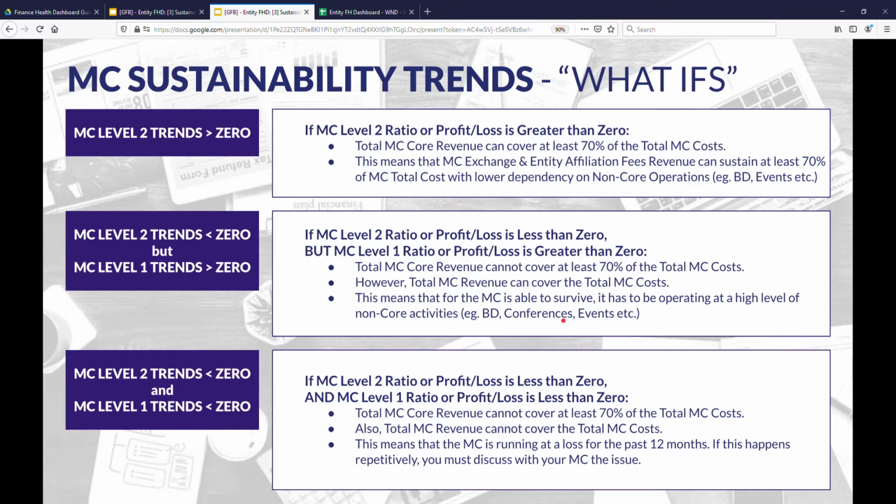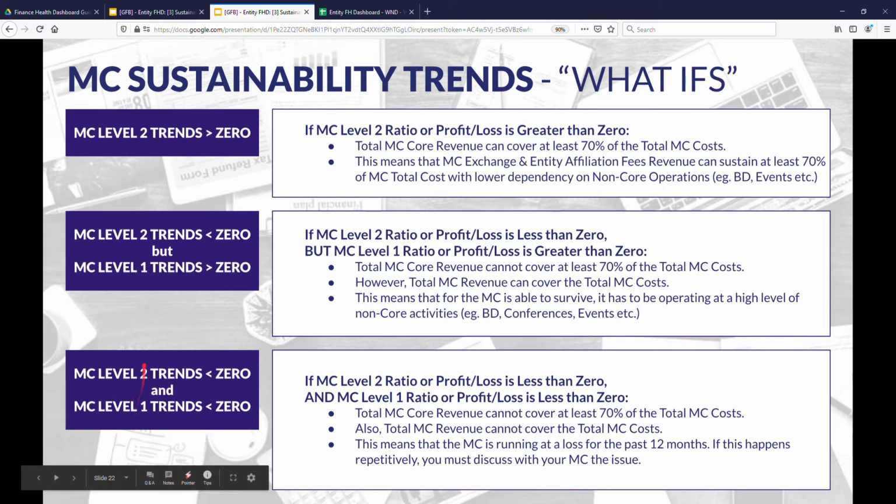So you could say that MC core revenue can only cover 65%, while the rest is by non-core revenue, or like 40% is only coming from exchange and entity affiliation fees, and the rest of the 60 is coming from BD, events, conferences. So those are the things that you need to think about.